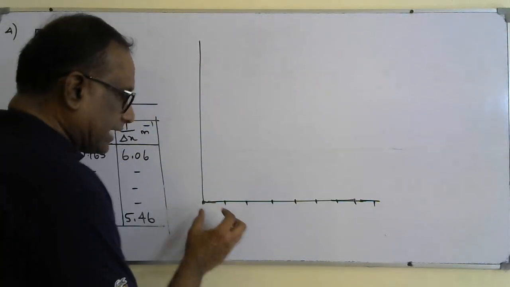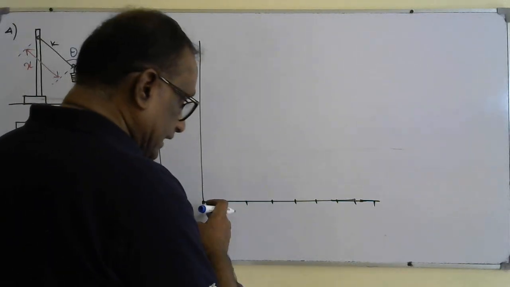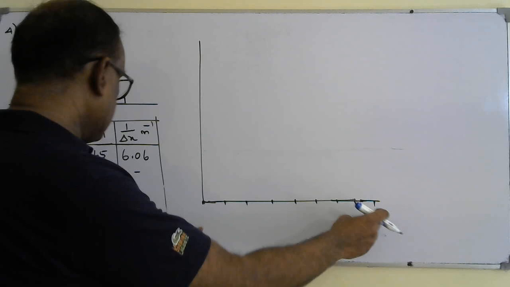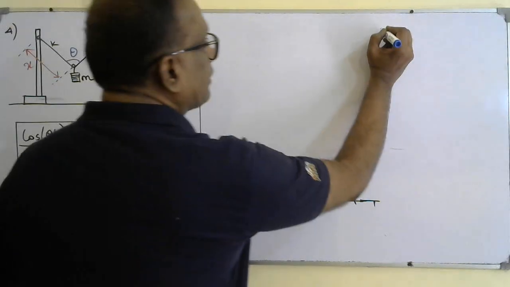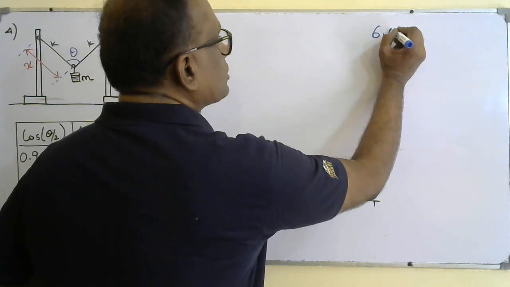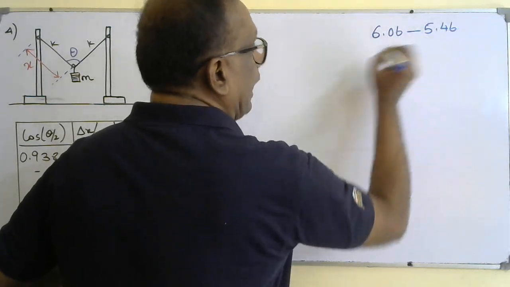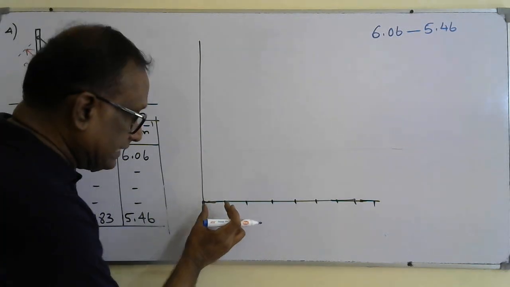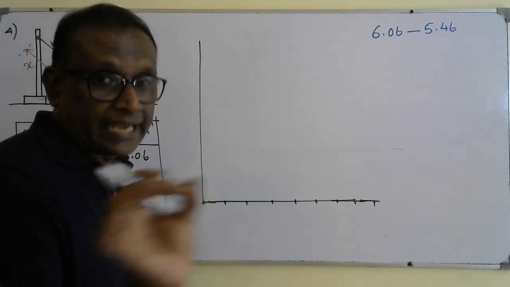So there are 8 divisions. That means the range that I am going to use in this x-axis is from 5.46 to 6.06. So subtract it. I am going to calculate what each division could be. Each division consists of 10 tiny squares.